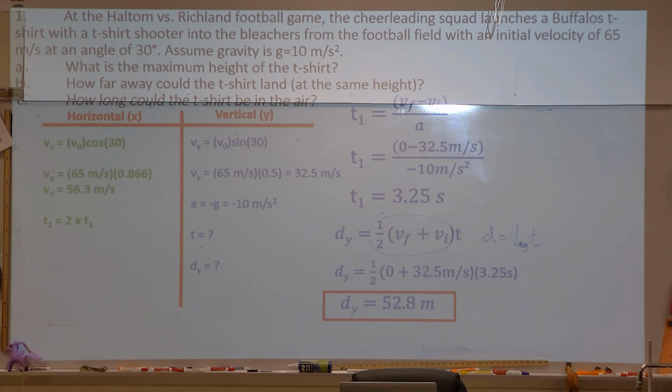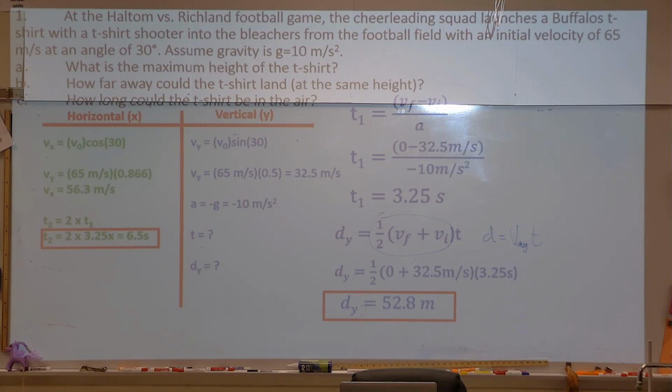But if I shoot something from the ground and it comes back to the ground, the two sides of that parabola shape, that arc right there, are mirror images of each other, including the angles and the velocities. So multiply my time times 2, and I know that it's going to be in the air for 6.5 seconds.